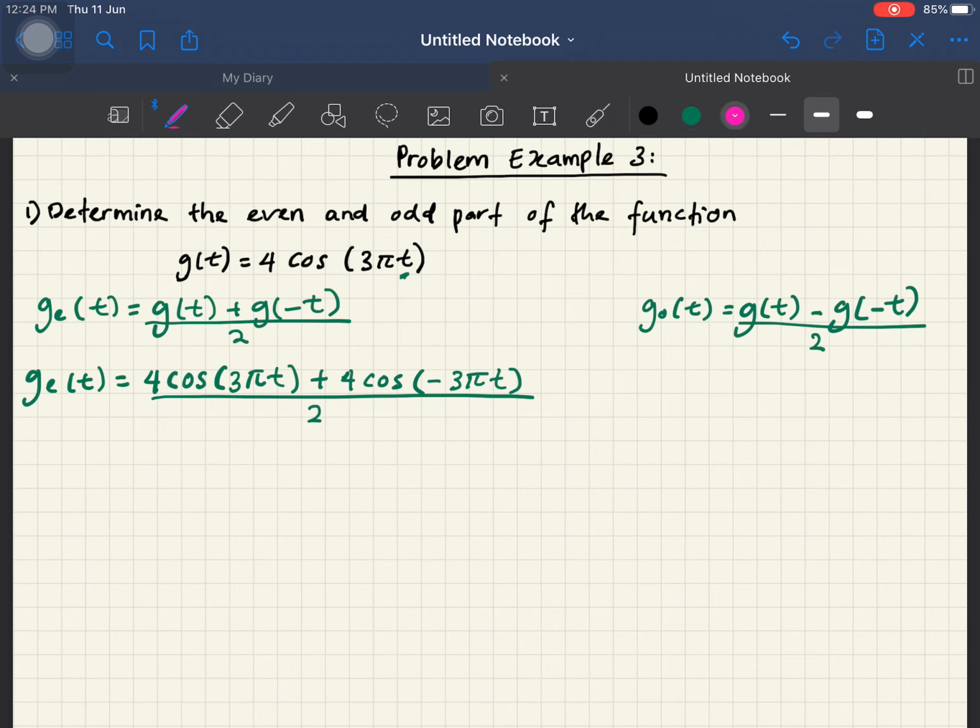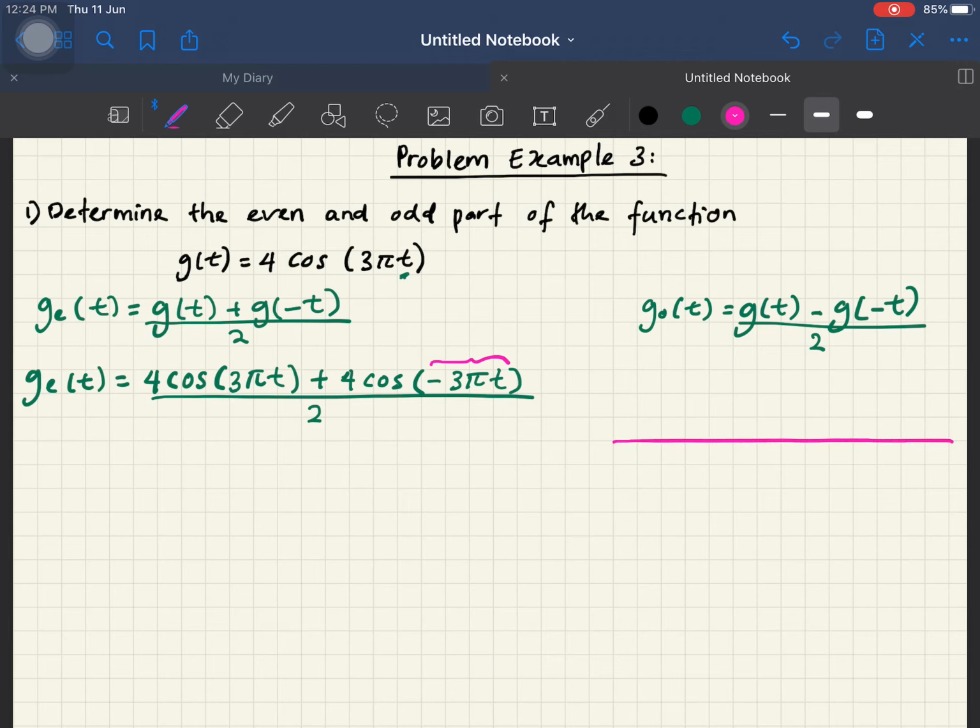Once you arrive here, if you are confused with this one, it is good to have a look at the graph for the cosine function.